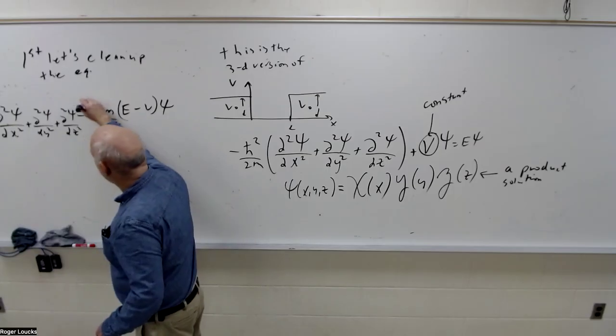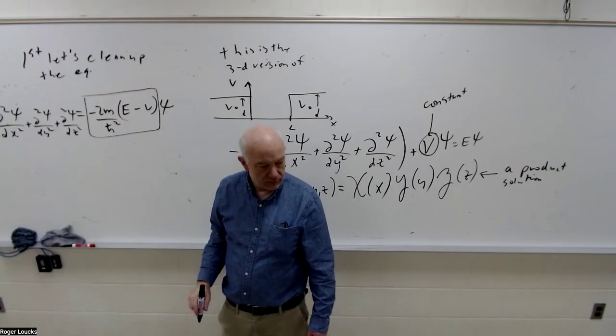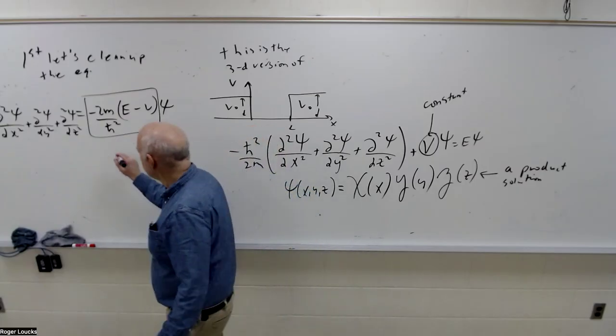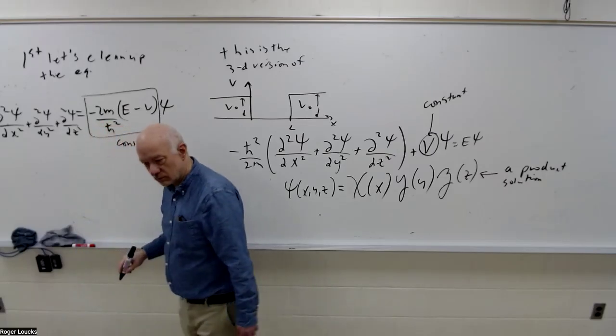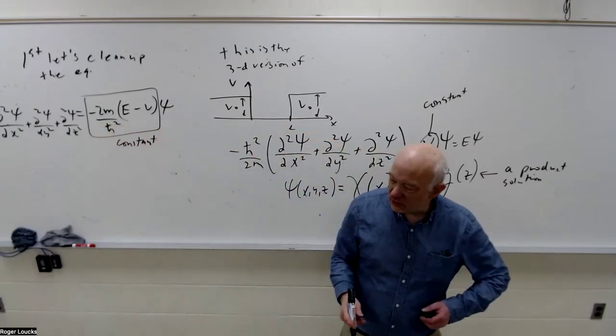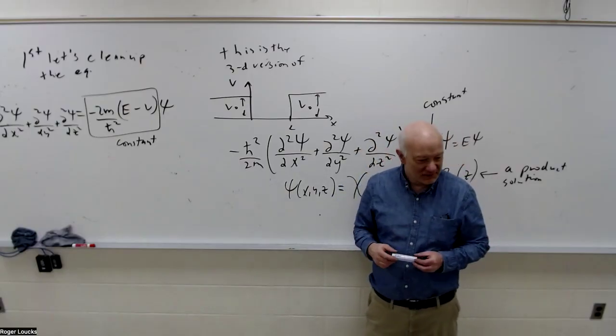And what do we know about this term here? It is a constant. And I'm going to have two ways of writing that constant depending upon V. What do you think the two situations are going to be?